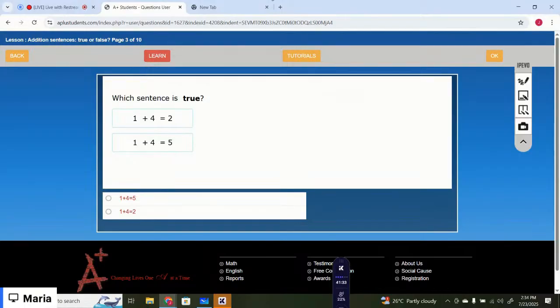Which sentence is true? 1 plus 4 equals 2, or 1 plus 4 equals 5? Option number 1 is the correct option. 1 plus 4 equals 5.